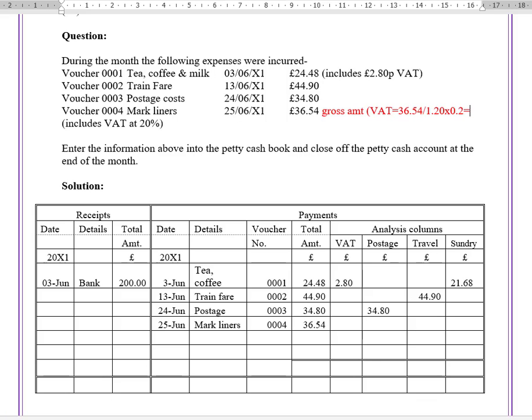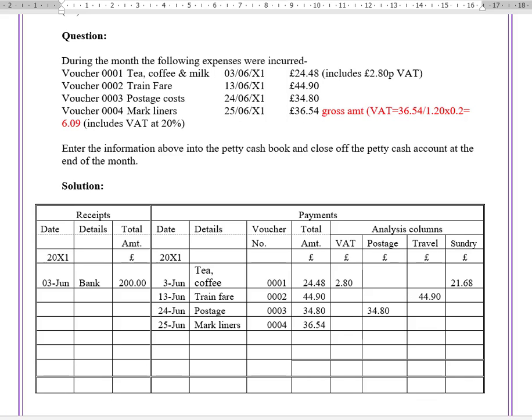That would give us exactly the same thing. Why? Because £36.54 represents your gross amount, which is 120%. 20% is VAT, 100% is net amount. So I can divide by 1.2 and multiply by 0.2, and that will give me the VAT amount of £6.09.